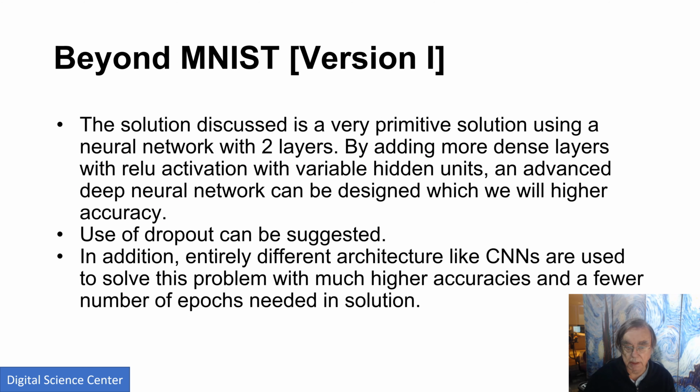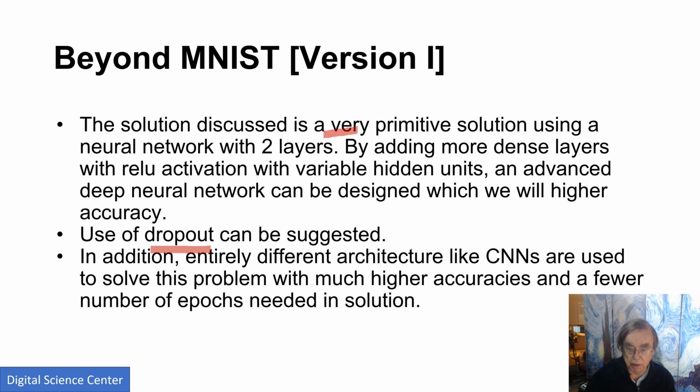And this is the end of this presentation, and it's extremely primitive. It only has a couple of layers. You can add more layers, internal activations, and you can get better accuracy. You can also use techniques like dropout, which tends to improve the performance on the testing data set, because it tries to randomize things so you don't get locked into the details of the training set.